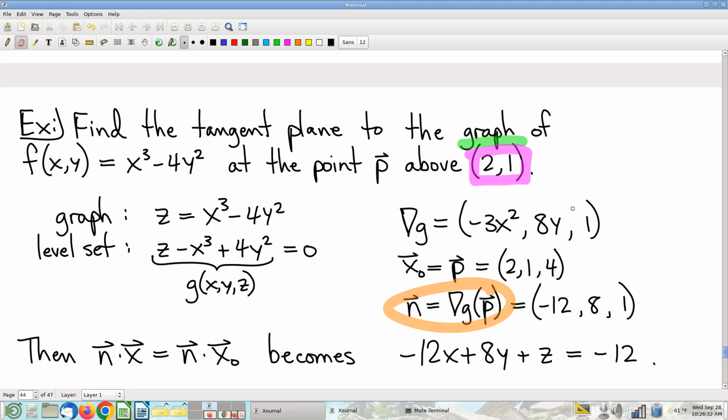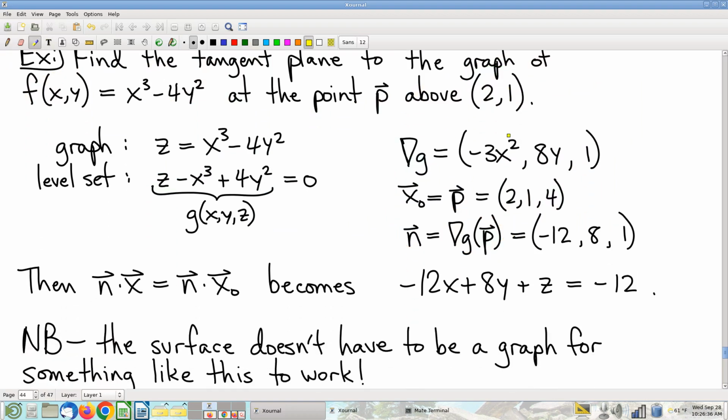A real quick observation I'll make. In fact, notice this trick doesn't even require that the original question be about a graph. It happened to be here that I'd like to find the tangent plane to a graph. But all I really needed was to be able to rewrite whatever I'm given as a level set.